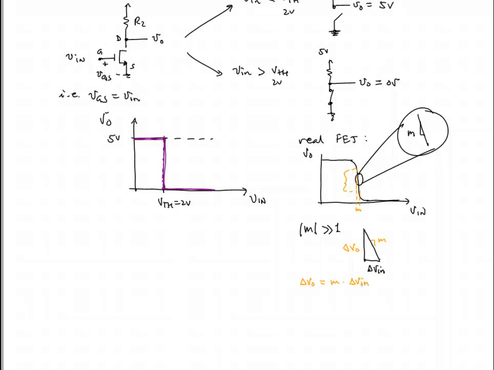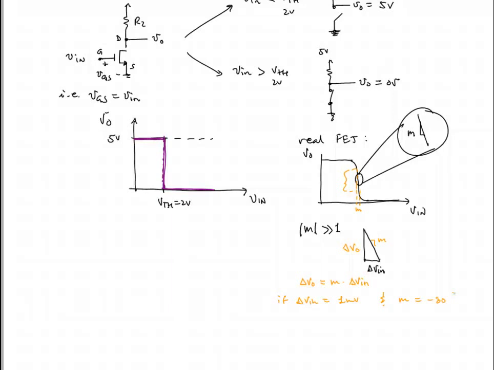Right around that, if we zoom in, we make a little tiny change in Vn, we'll get a bigger change in VO. If delta Vn is equal, say, to 1 millivolt, and let's say M was equal to minus 30. The reason I say minus is that the slope here is negative.